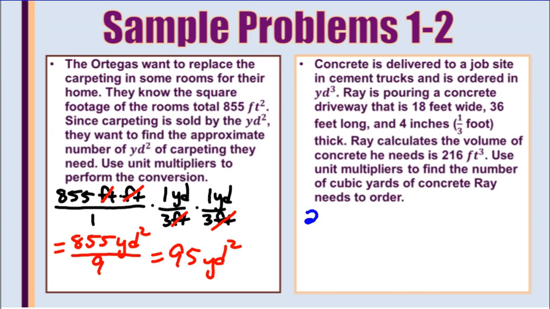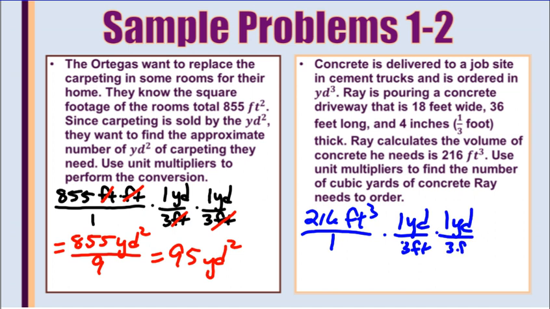So we have your 216 cubic feet, but it has to be ordered in cubic yards. So again, I'm going to use 1 yard is 3 feet, but I have to do that 3 times because I have cubic feet. So 1 yard over 3 feet, and 1 yard over 3 feet, and again.